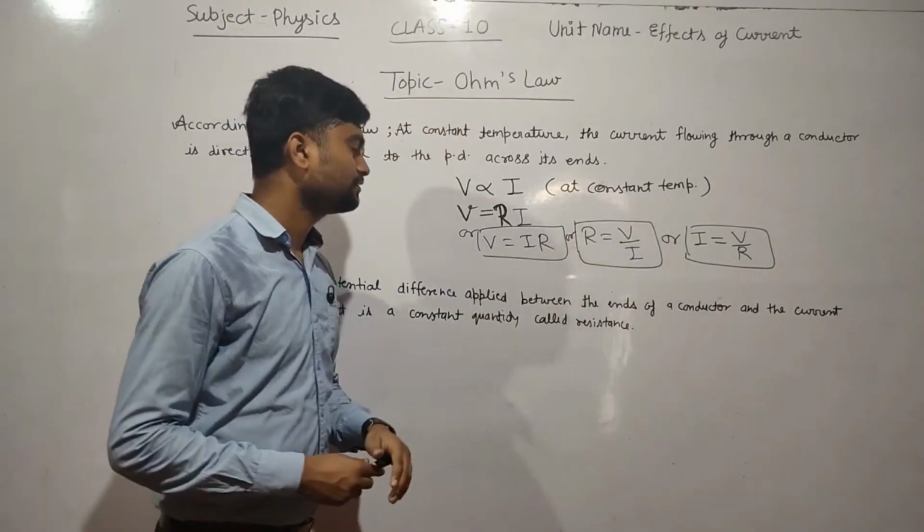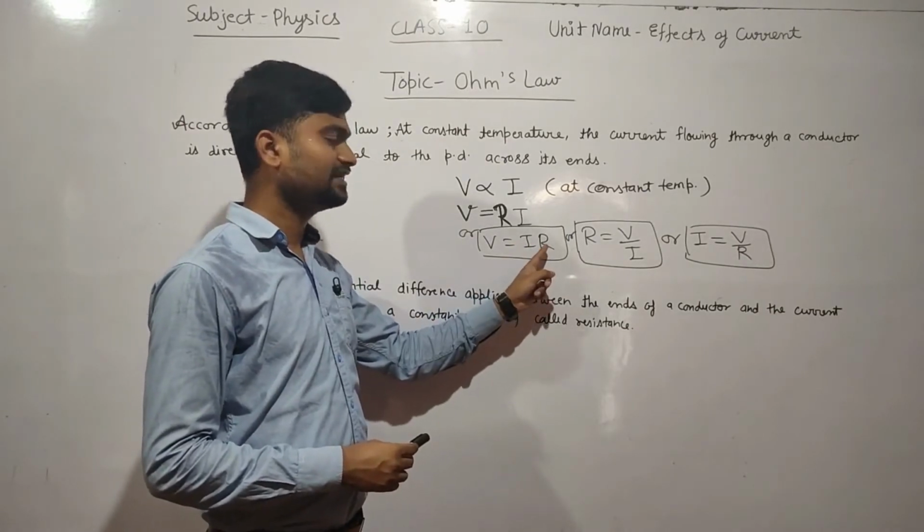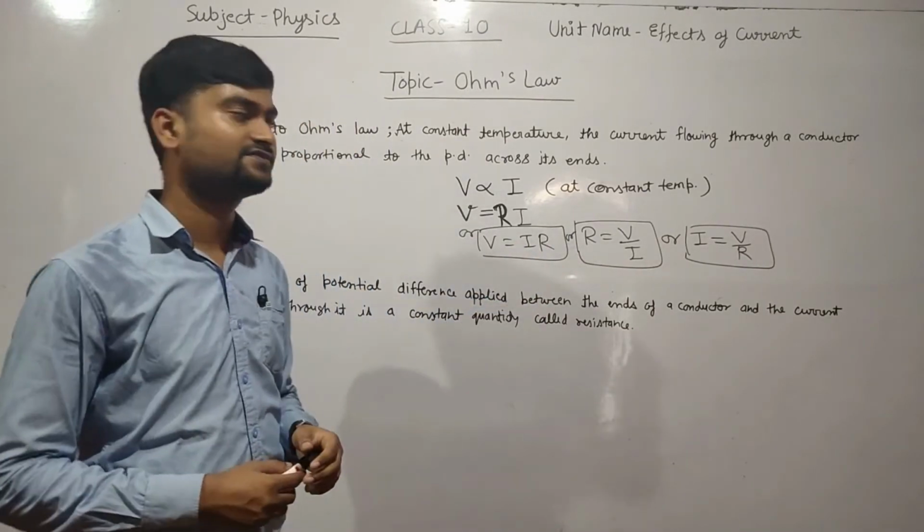This is the proportional constant, and this constant is known as the resistance of the conductor.